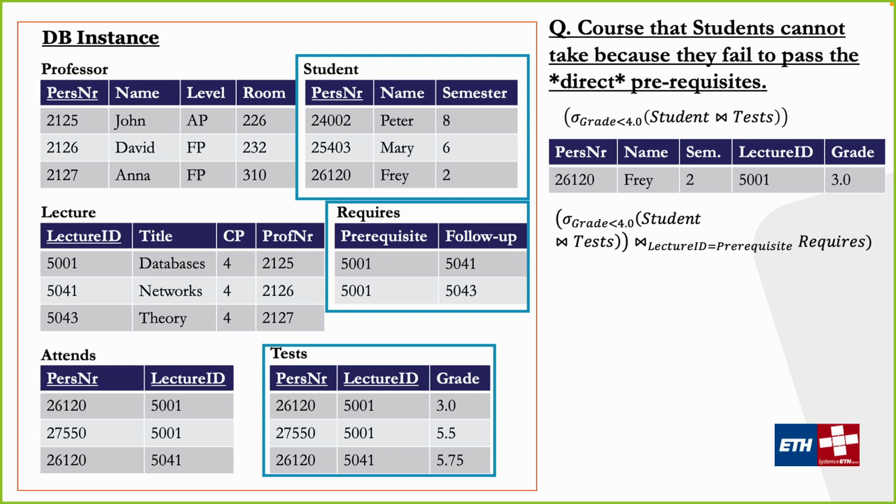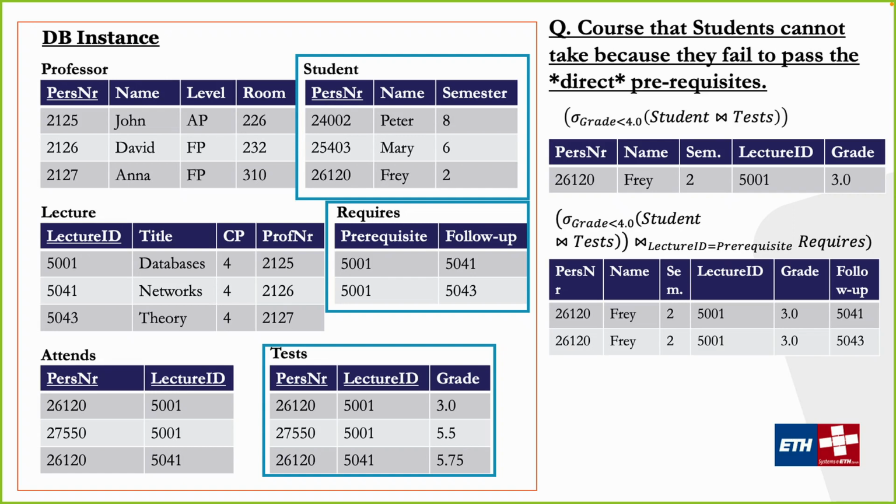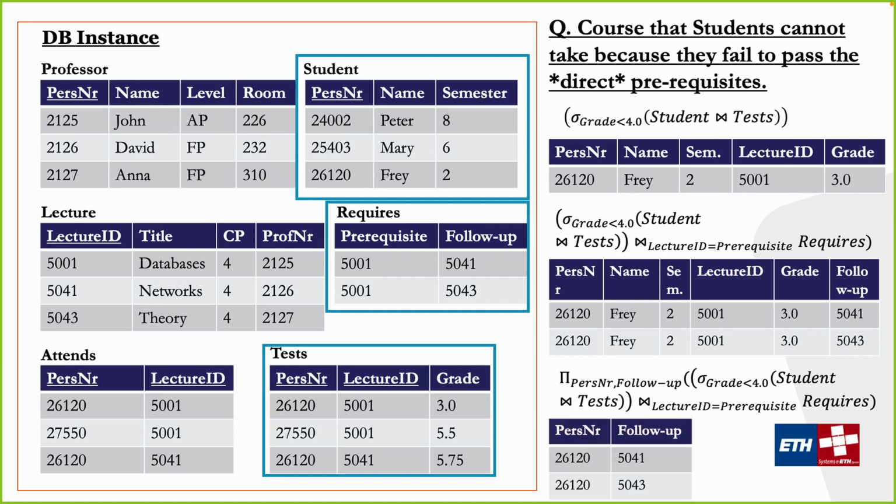You join that with the requires relation, it gives you something that looks like this. And in the query, we want all the students, so you do one projection to only keep the student ID and also the lecture ID, which gives you something like this. So this relatively long relational algebra expression is one way to implement this query.